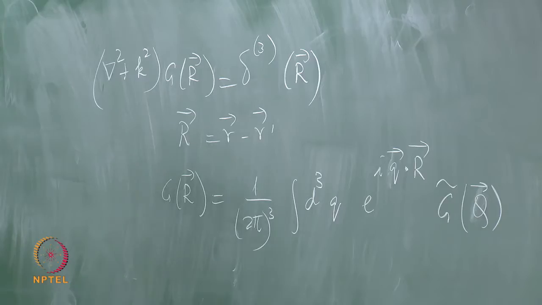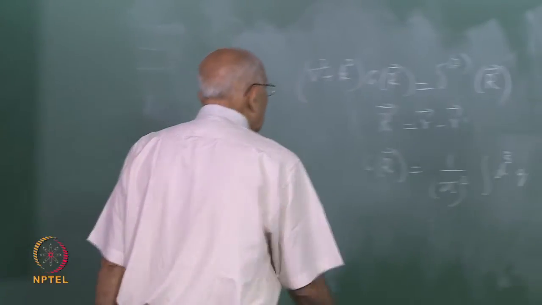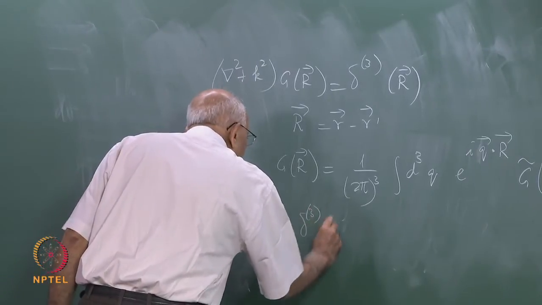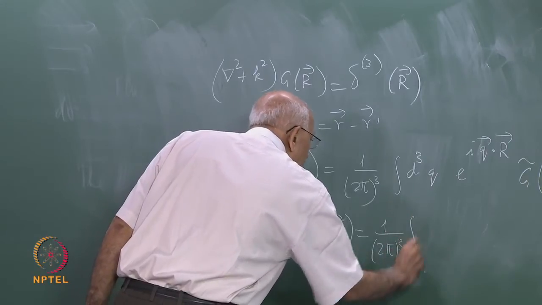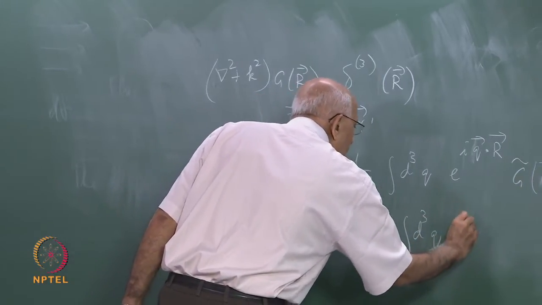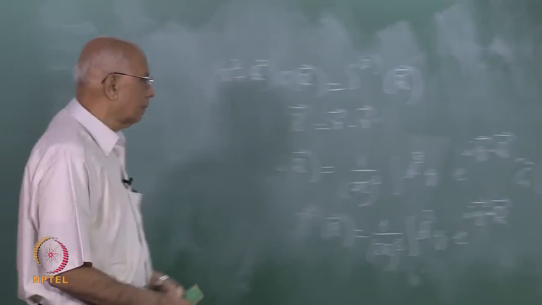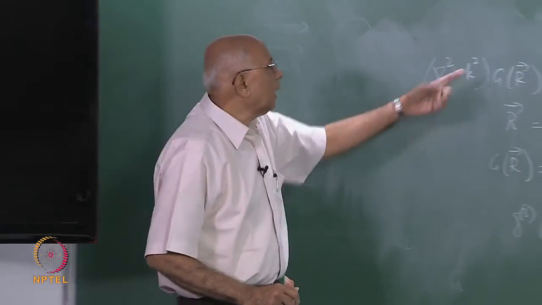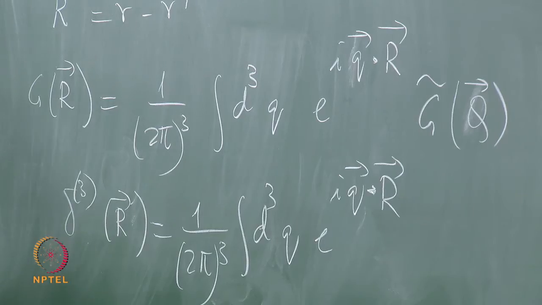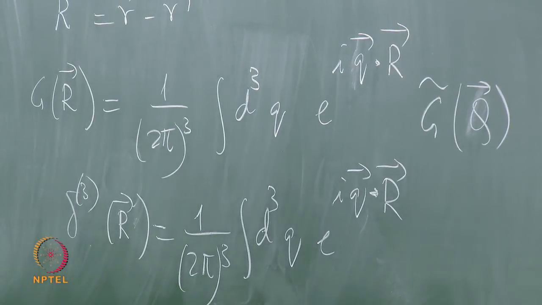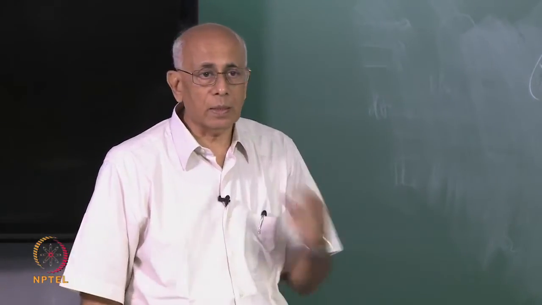Standard Fourier transform in 3 dimensions. And of course, we already know that delta 3 of R is 1 over 2 pi cubed integral d3q e to the i q dot R. I put that in here. What is del squared acting on this? This del is with respect to capital R, so it gives i q the whole squared, so it is minus little q squared.